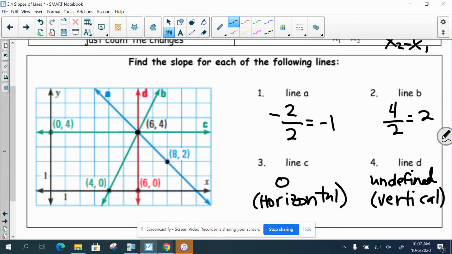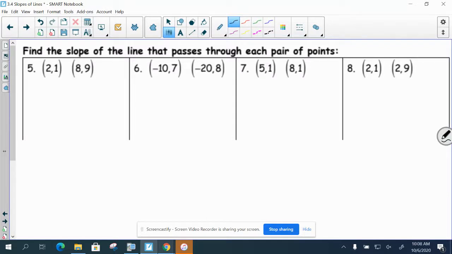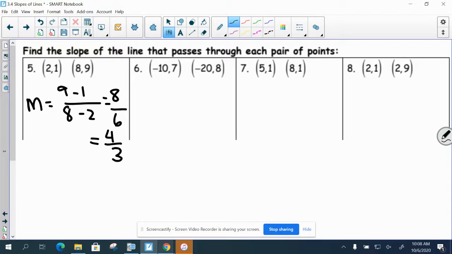All right, and then a few practices with actual points where we're using the slope formula. So for here, we would do y2 minus y1, so 9 minus 1 over 8 minus 2. So this would be simplified as 8 over 6, which is 4/3.